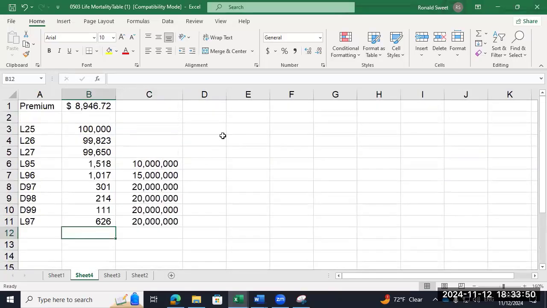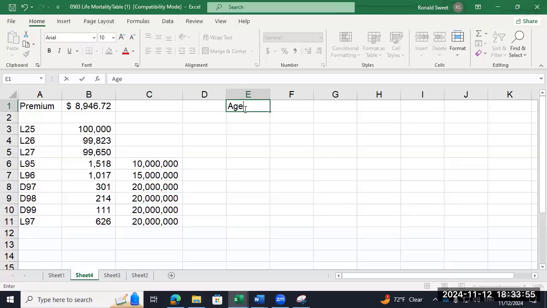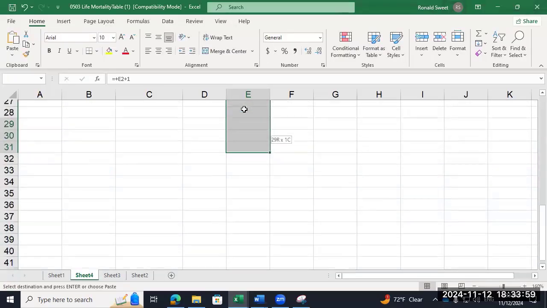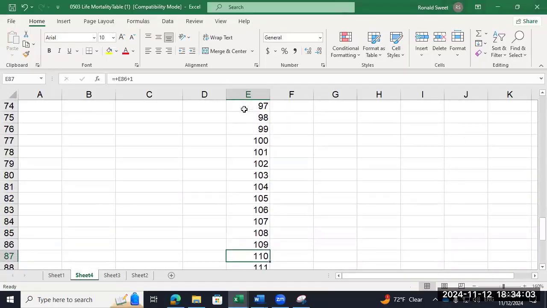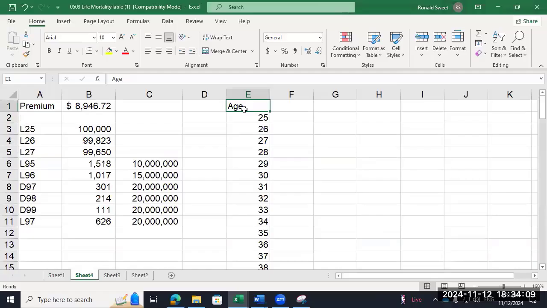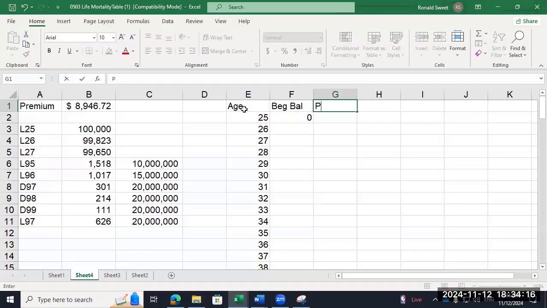So I wish you could actually test it in here. So we'll do an age. We start off at 25. Got to go down quite a ways here, up to age 99. Your beginning balance is 0. Cash. Beginning balance.